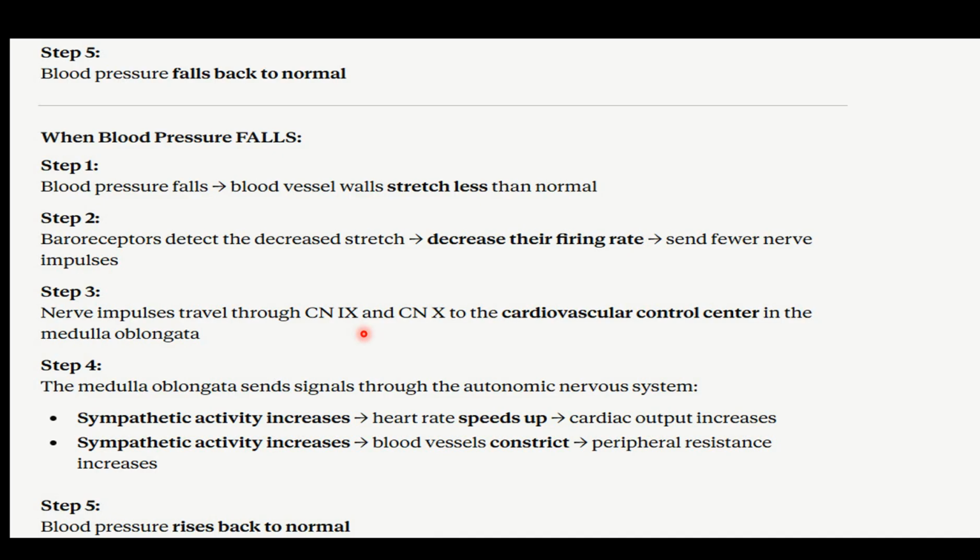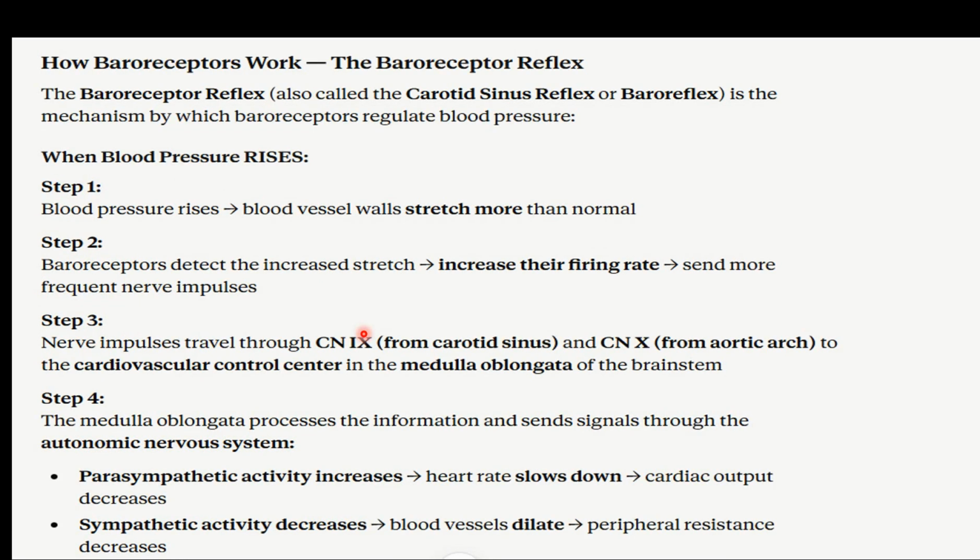Similarly here, the medulla oblongata sends signals through the autonomic nervous system. Sympathetic activity increases, heart rate speeds up, cardiac output increases. Second, sympathetic activity increases, blood vessels constrict, peripheral resistance increases, and at the end blood pressure rises back to normal. So basically it is moderating both conditions, whether it's high or low.